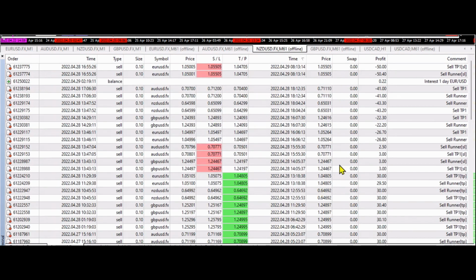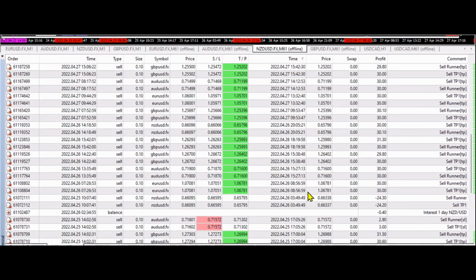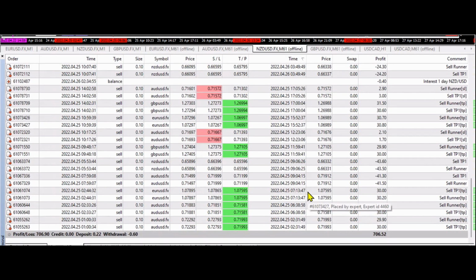As you can see, we had a lot of trades during that week and ended up with $706. So just over $700, which I'll have to tell you is really good for me. This was all done with lot sizes of 0.1.